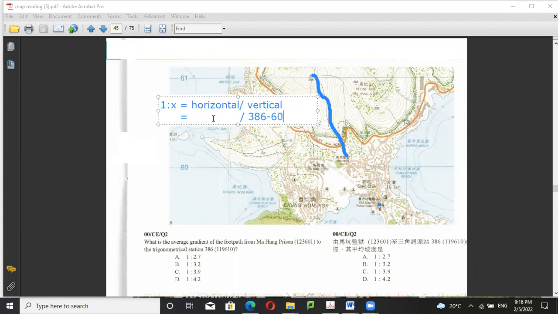And how about horizontal? Again, you can refer to this, it is also around 1 km, isn't it? But play safe, you have to measure it.